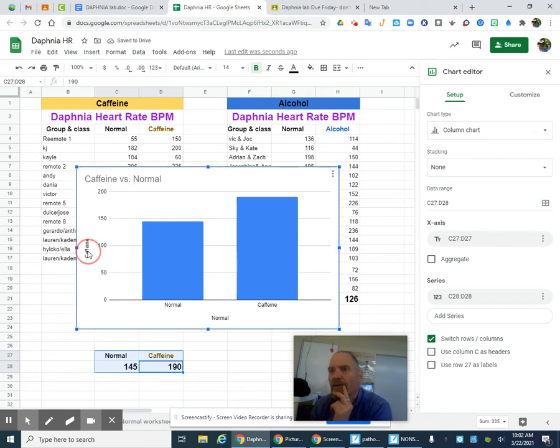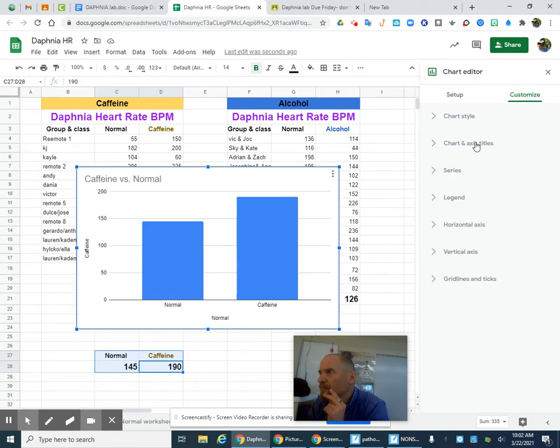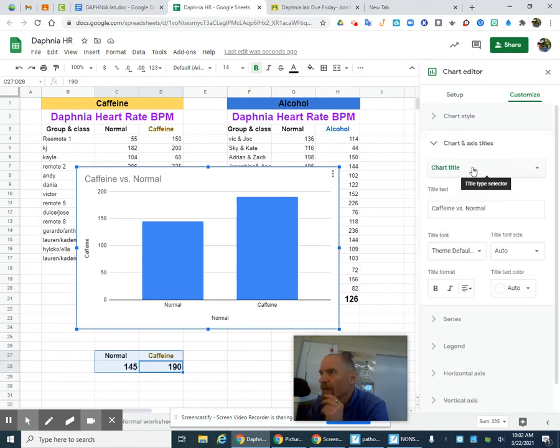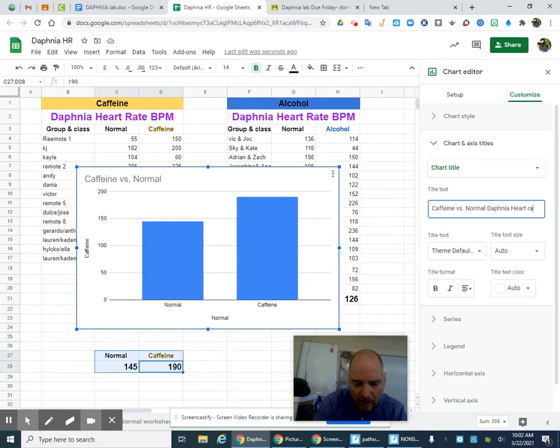You also needed to change this over here. I don't want the chart title. I should say caffeine versus normal Daphnia heart rate.